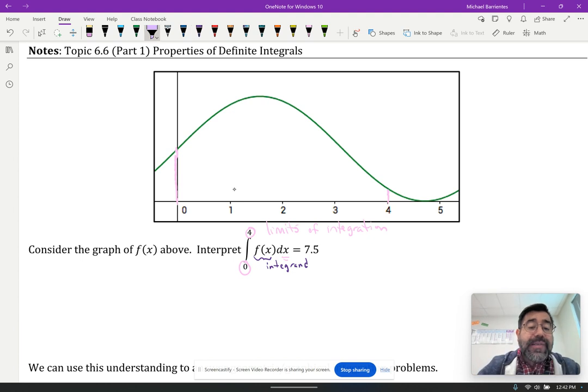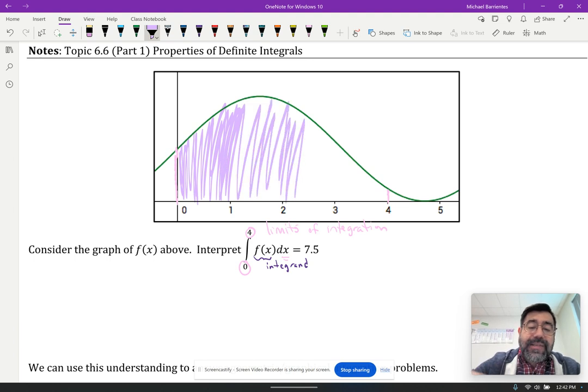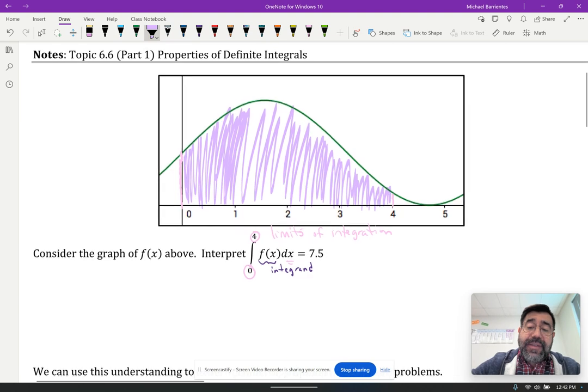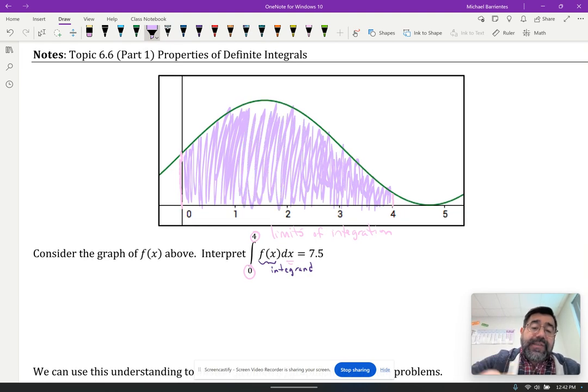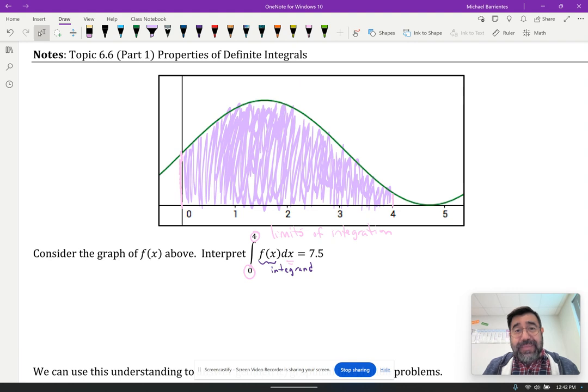What that really means is we're looking for all of this shaded region between the function and the x-axis. And someone has found out that that area, or accumulation, is exactly 7.5. Our job in the coming weeks is to figure that out as well.